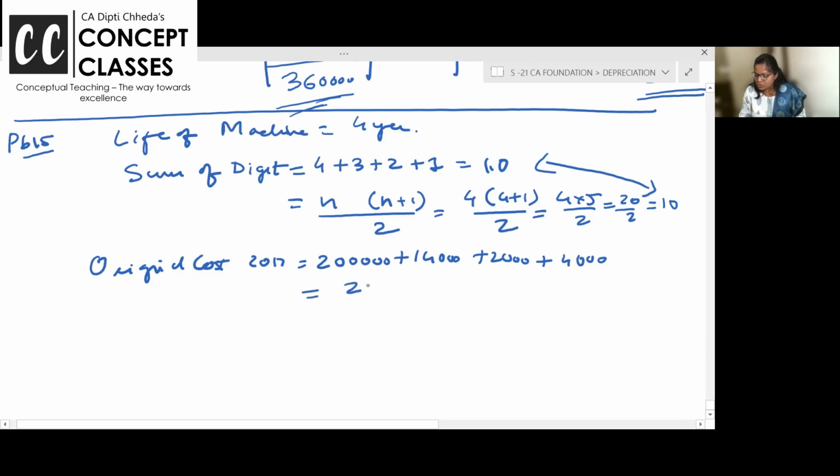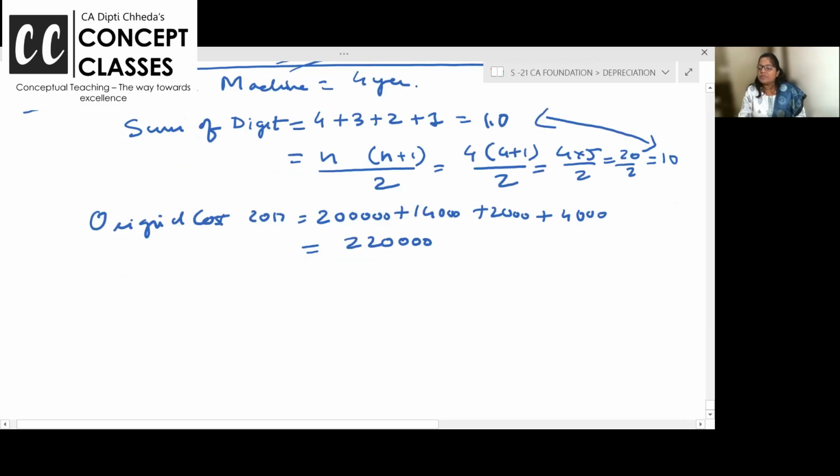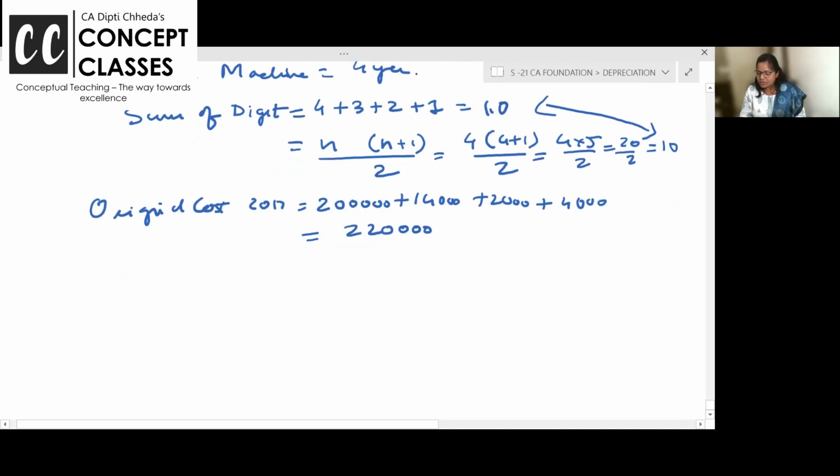So 14, 16, 2,20,000. 220 is the original cost.